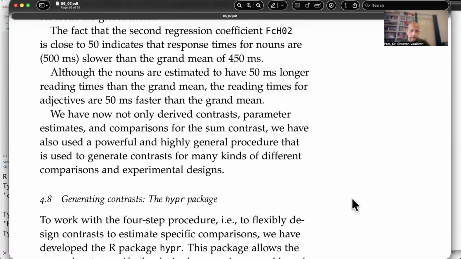The next topic I will cover is the hyper package, how to use it, and how it allows you to transparently define your hypotheses and extract the contrast matrix, which you can plug into your factor and override the default coding of treatment contrast, and just carry out the comparisons that you actually care about instead of doing some kind of omnibus ANOVA first or something. So that'll be the next part of this lecture.